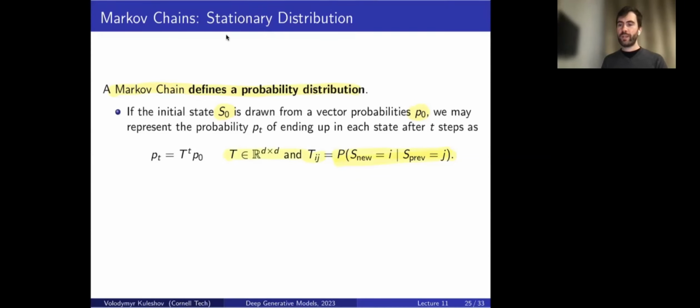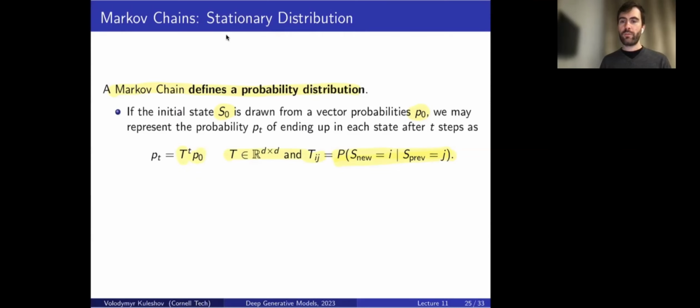Then my probability of being in a certain state after t steps equals P0 times this transition operator T, capital T, applied lowercase t times.